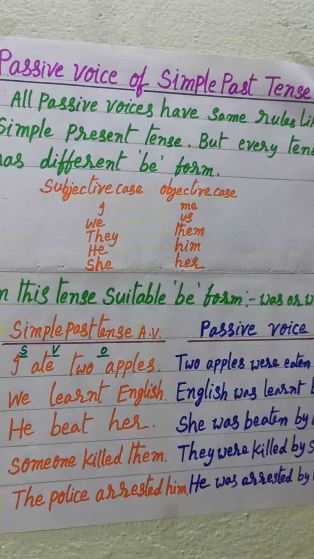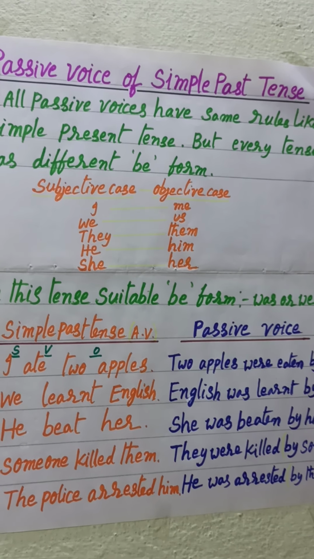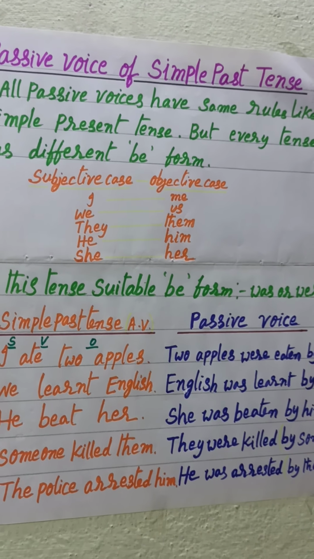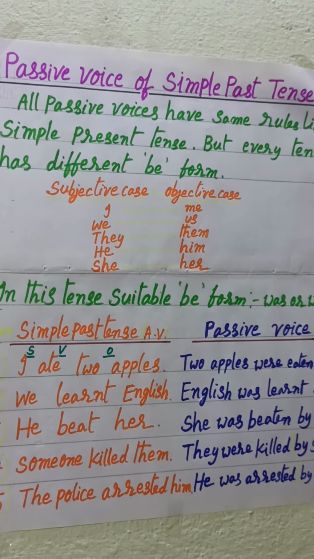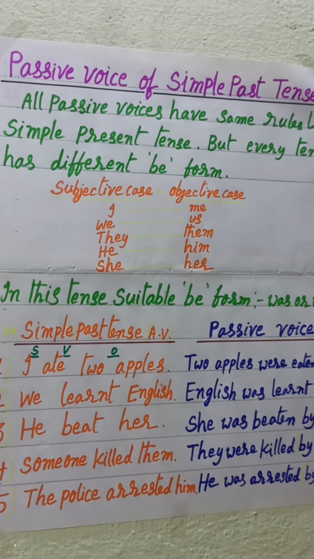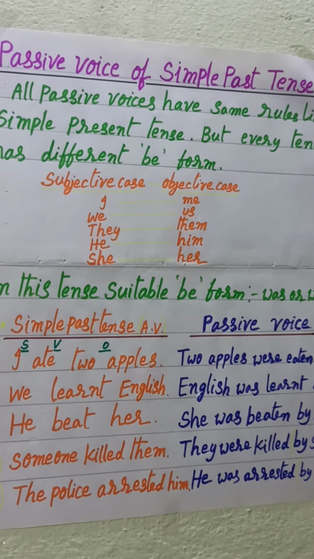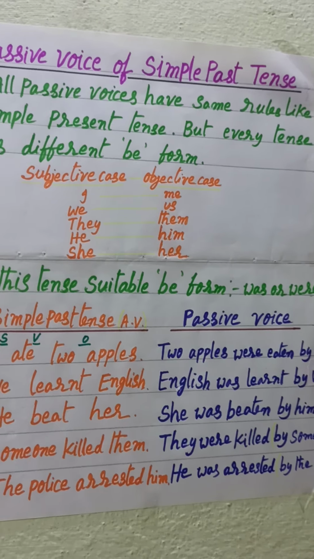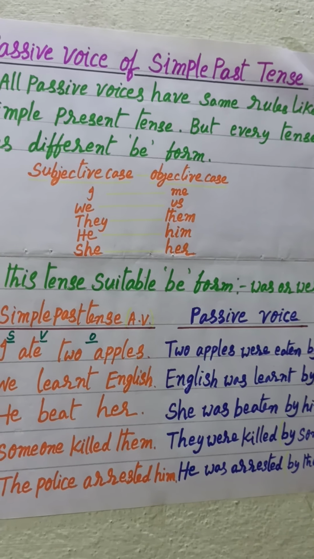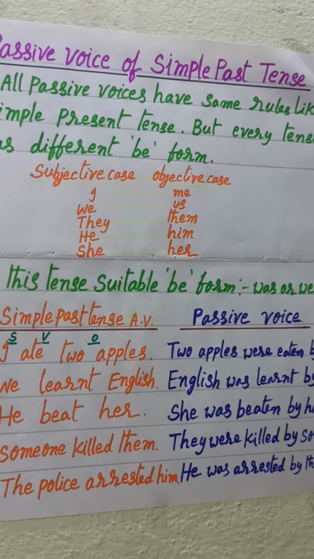Example, sentence number 1, I ate 2 apples. For example, a couple lives in a house. She asks, where are 2 apples? He says, 2 apples are eaten.